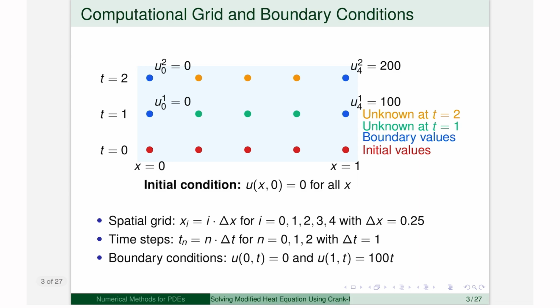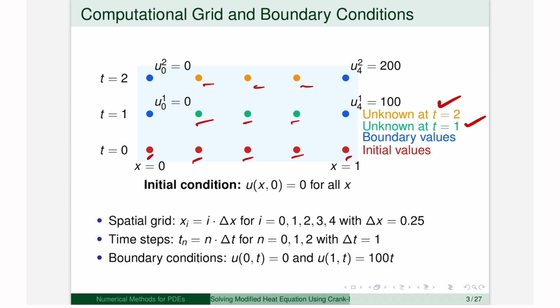Now here is the computational grid and boundary condition. This starts from x equal to 0, then x equal to 1 here. In between, 3 interior nodes are there at t equal to 1. So these are the interior nodes, and at t equal to 2, another 3 interior nodes. Now the unknowns at t equal to 1 and t equal to 2 we don't know.